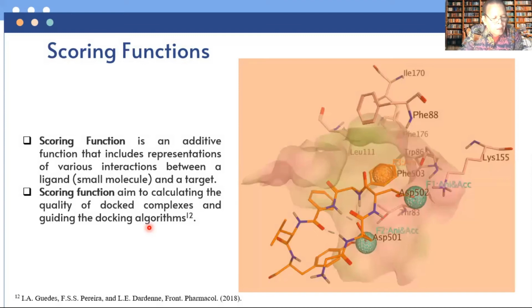And the scoring function is an additive function that includes representations of various interactions between a ligand, in this case a small molecule, and a target. This representation describes the electrostatic, hydrophobic, solvation, and hydrogen bonding interactions between the two molecules. The scoring function aims at calculating the quality of the docking complex and guiding the docking algorithm.